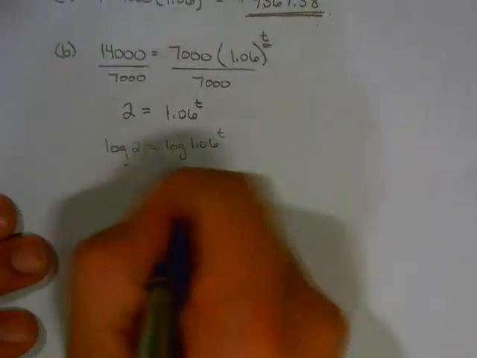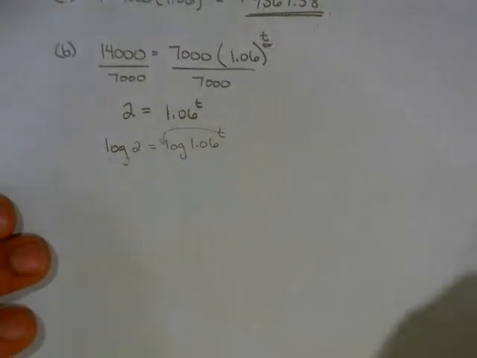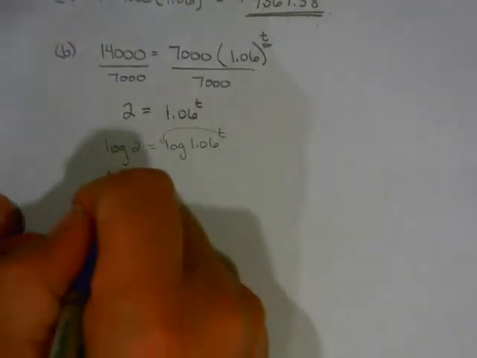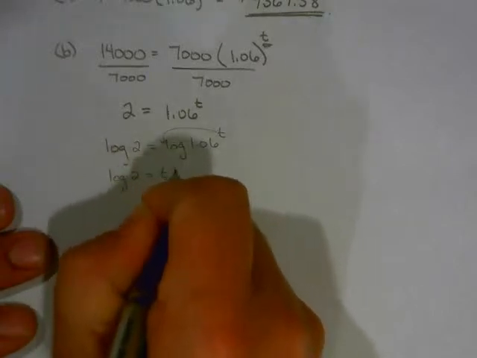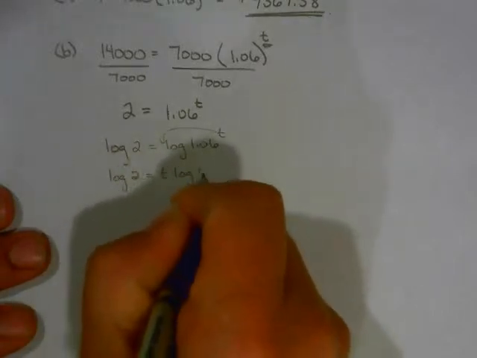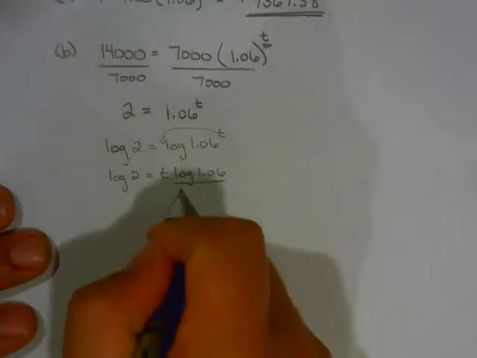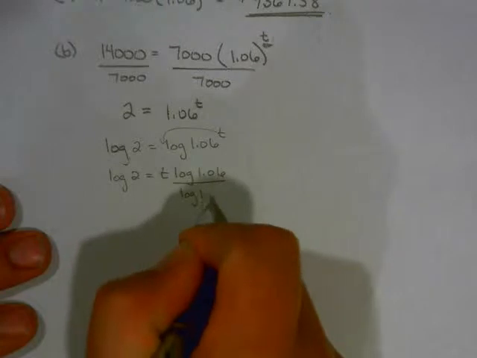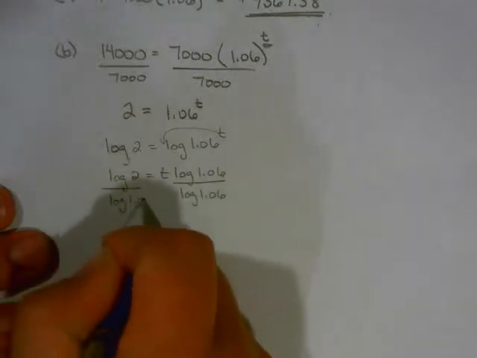But by going to logarithms, we have a property that says we can bring that exponent down. So we get log 2 equals T log 1.06. And then if we want to solve for T, divide by log 1.06. Make sure you do it to both sides.